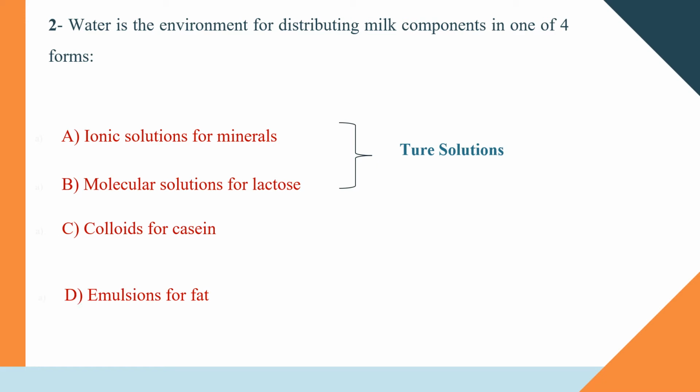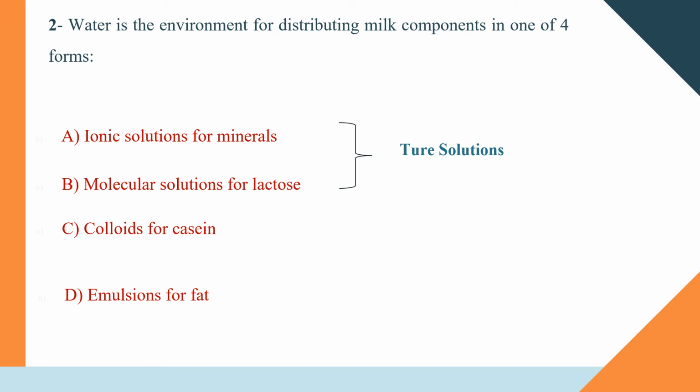Whereas fat exists as an emulsion. Emulsion means مستحلب. So there are 4 different forms of solution existing in the same environment of milk, existing in the water of milk. This is quite amazing. This is very interesting, to find a single liquid, which is milk, containing 4 different forms of solutions.